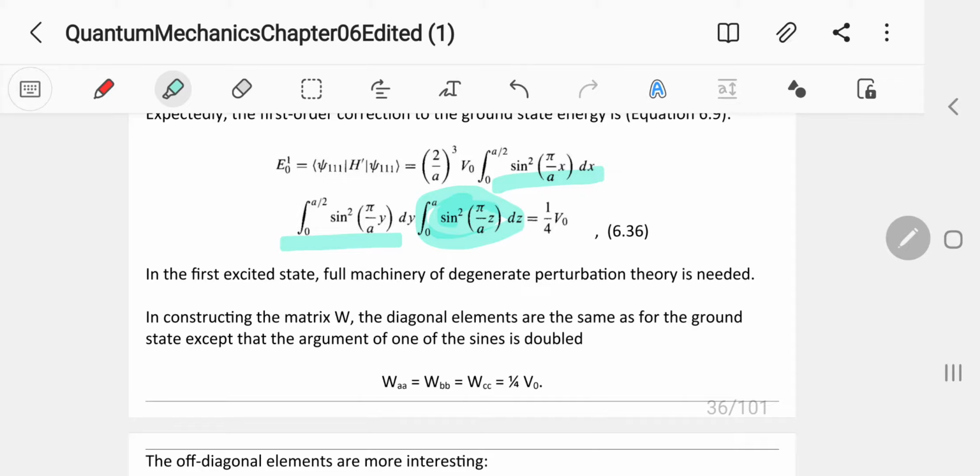So you can do it in detail in your Google form for the assessment.